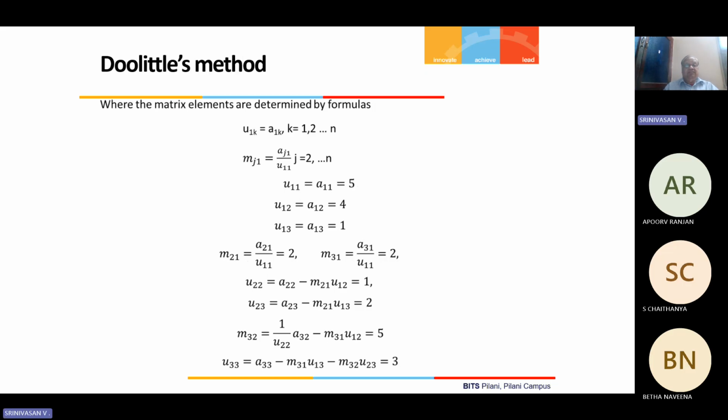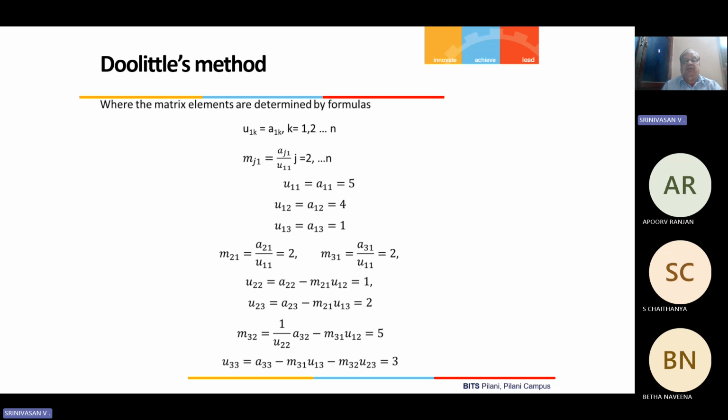Well, this is Doolittle's method. Here also, you have almost the same formula. Here is the general formula for finding U1K and M J1, where M here stands for L. U1K, with 1 fixed, is A1K, where K varies from 1 to N. And MJ1, with the column fixed, is AJ1, the original matrix entry, divided by U11.